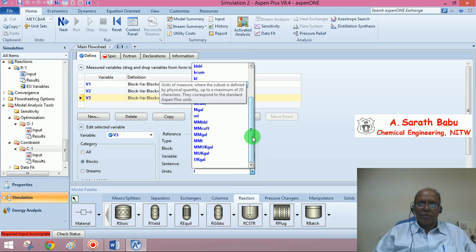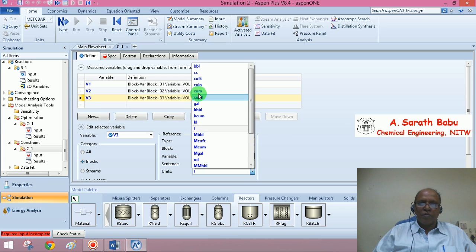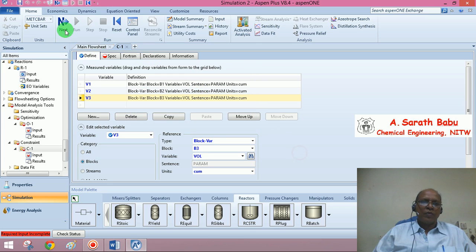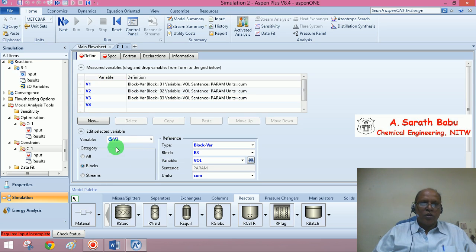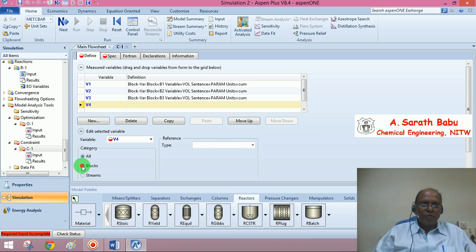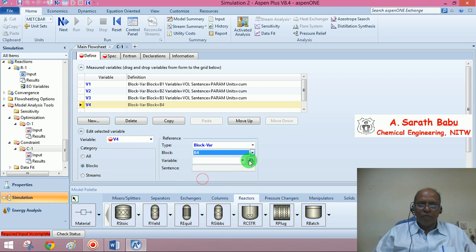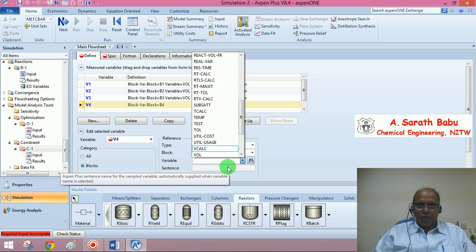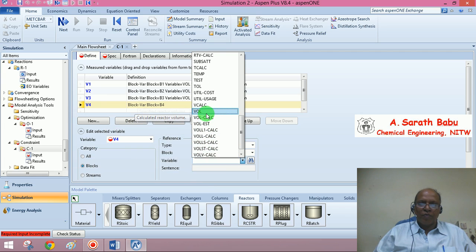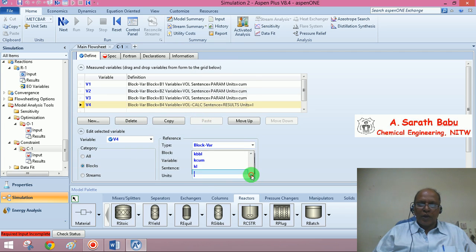Again, cubic meters. Next V4. This is the volume of the 4th block. Again, cubic meters.